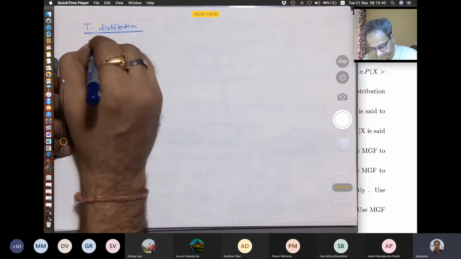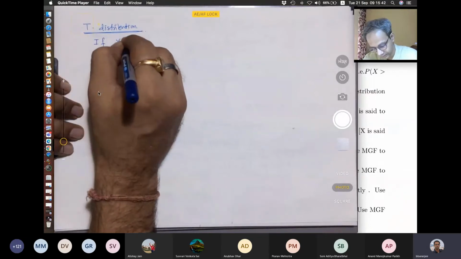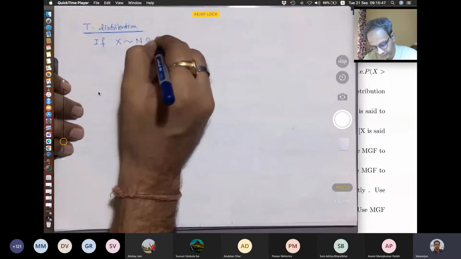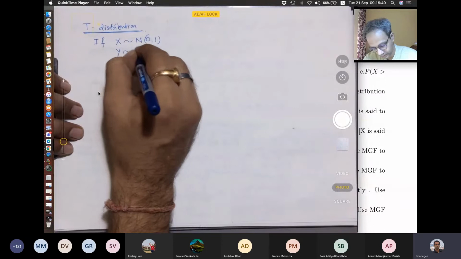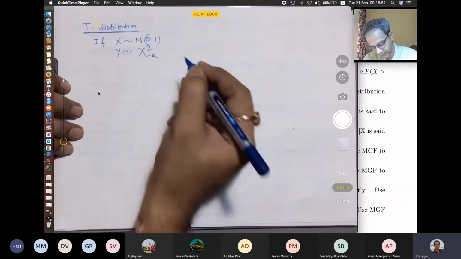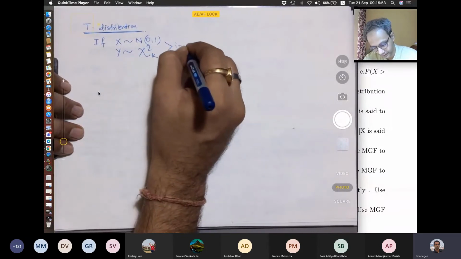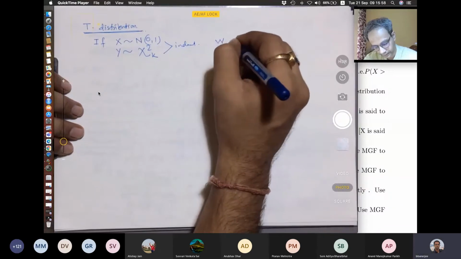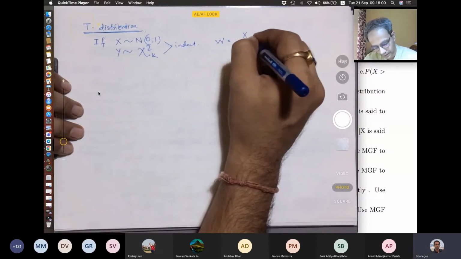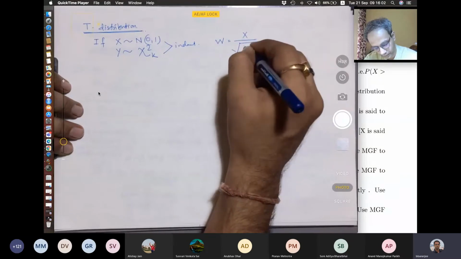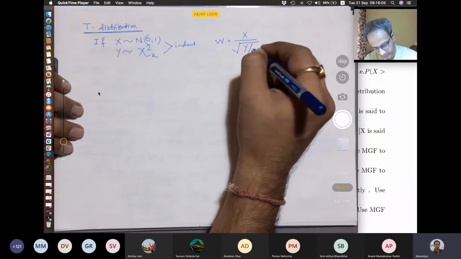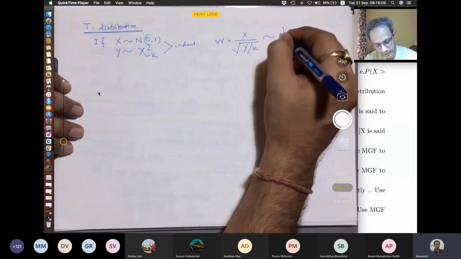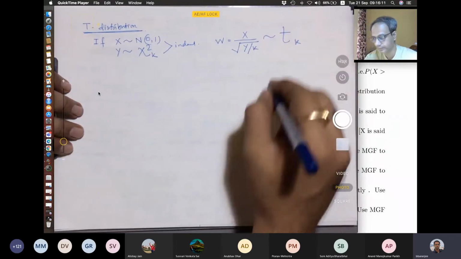So if X follows normal 0, 1, Y follows chi-square with k degrees of freedom, and they are independent, then W equals X divided by the square root of Y divided by its own degree of freedom is said to follow the T distribution with k degrees of freedom.